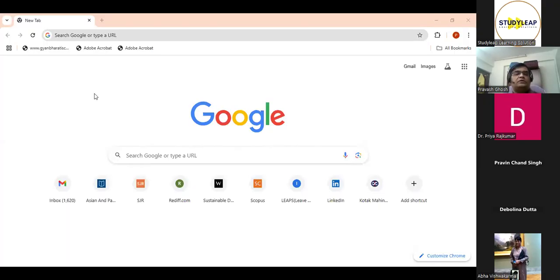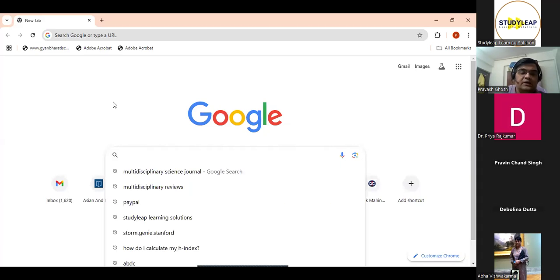Yeah, now it will show. See my screen. This is Google. Just write here. You don't have to remember this one; at the end I will give it to you. Simply write Elsevier.